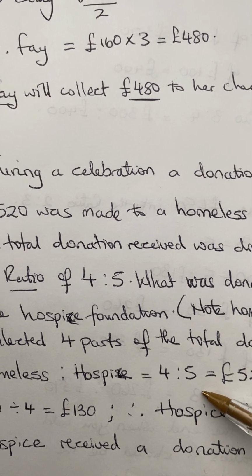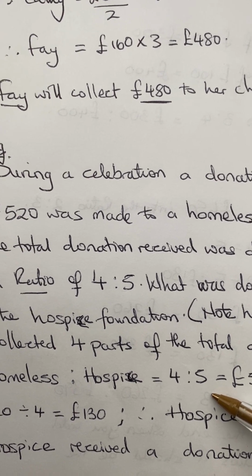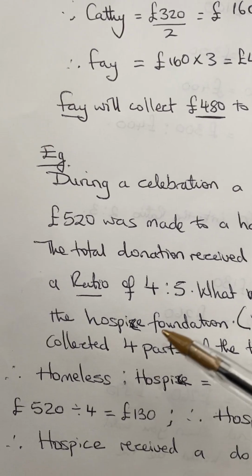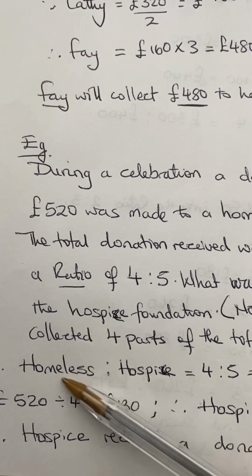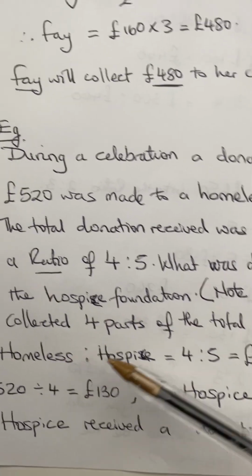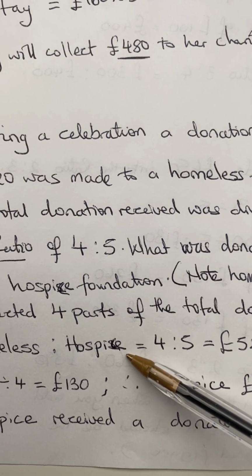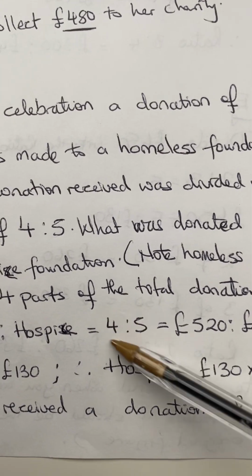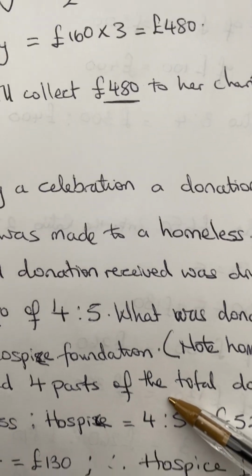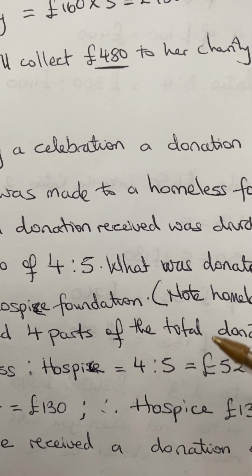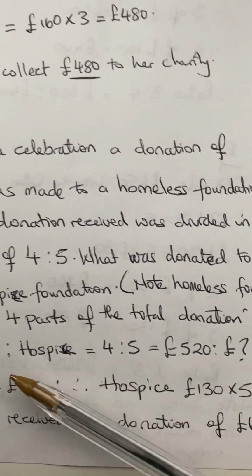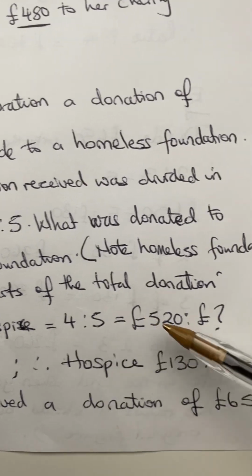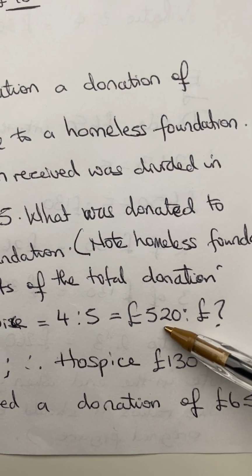Maybe the organizers decided to use this portion because the homeless has less needs at that moment than the hospice. So they use this proportion to calculate what they got from the celebration. Now the homeless charity got the 4 portions worth £520.